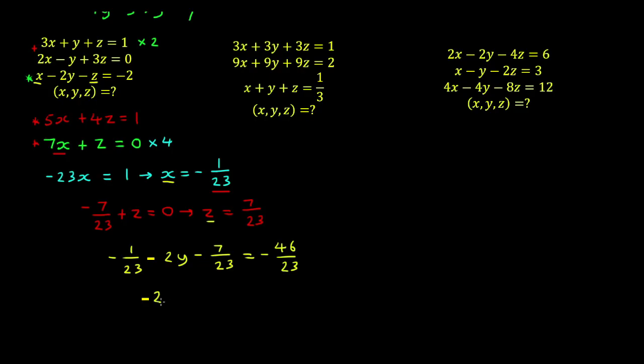So therefore minus 2y is equal to minus 46, plus 1 is minus 45, plus 7 is minus 38 on 23. And if we divide through by minus 2, we get y is 19 on 23. So our solution is an ordered triple.